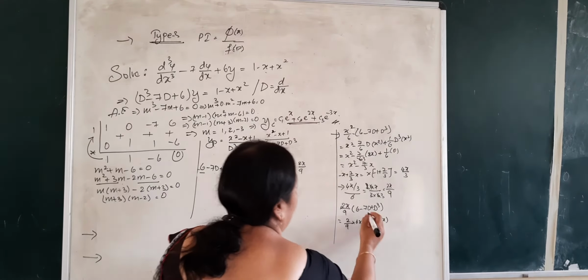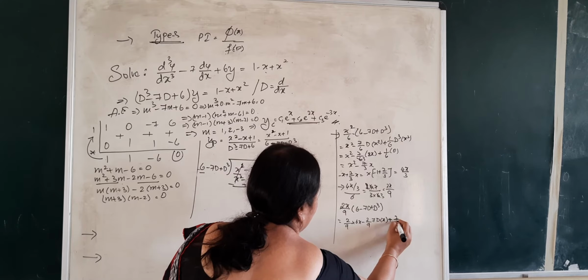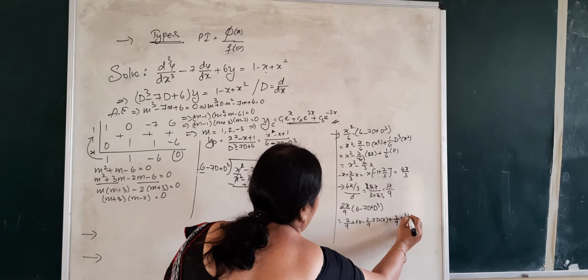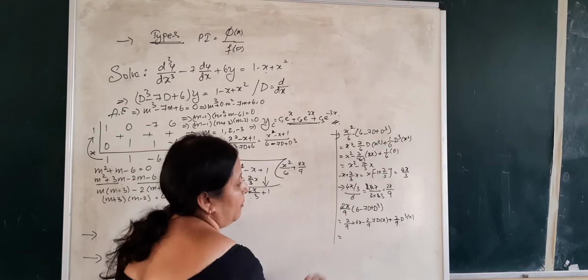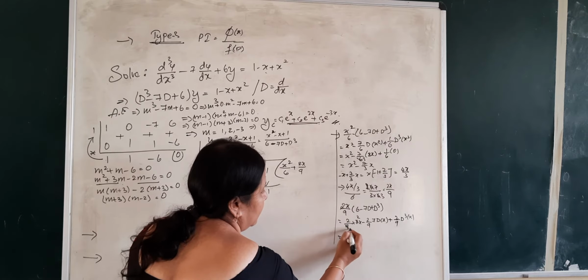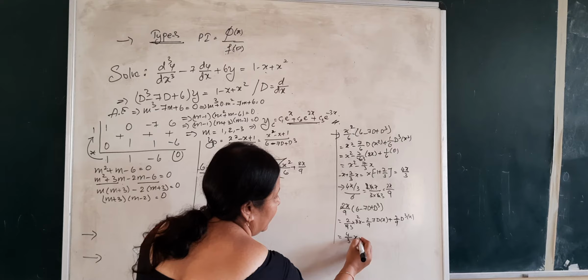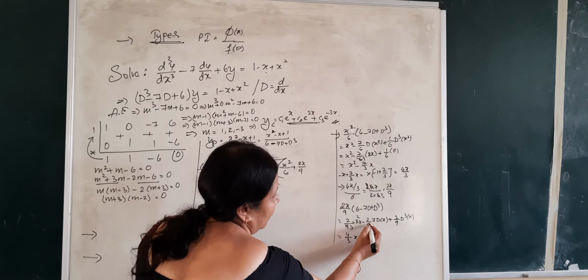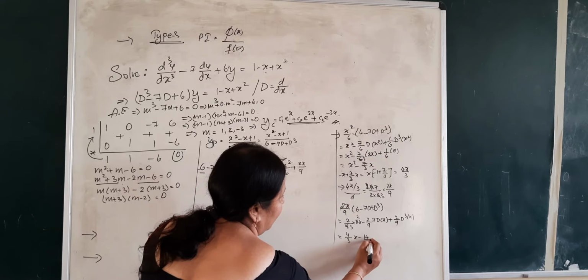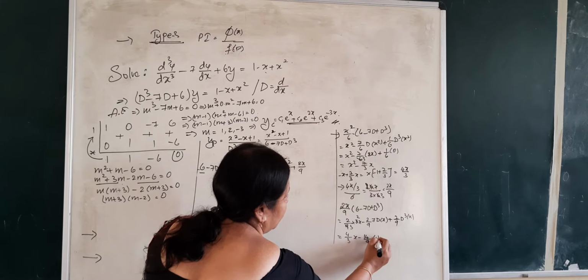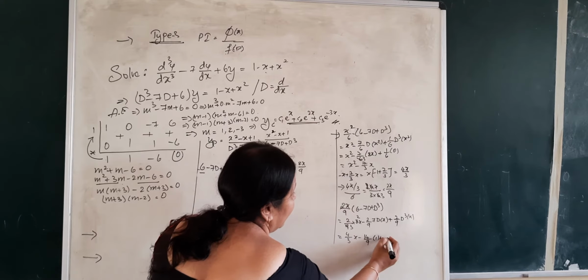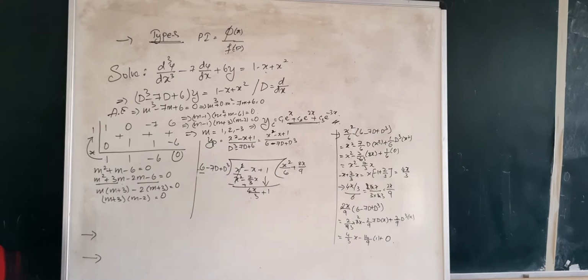And then plus 2 by 9 times d cube of x. So simplify here. 2 3's are 6, so it's going to be 4 by 3x minus, nothing can be simplified, 7 2's is 14 by 9. Derivative of x is 1 and third derivative of x is 0.